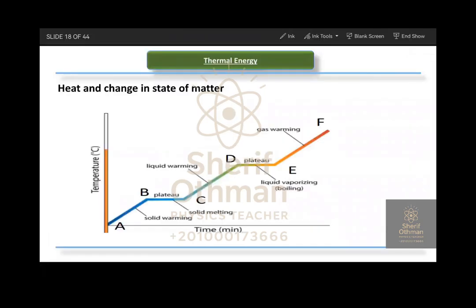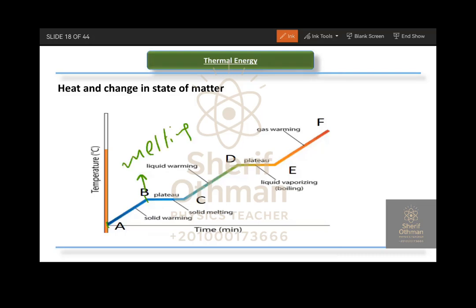So guys, returning back to the graph, we have different areas on the slope to show different transitions between states of matter. From A to B is the increasing of temperature of solid to reach the melting point.